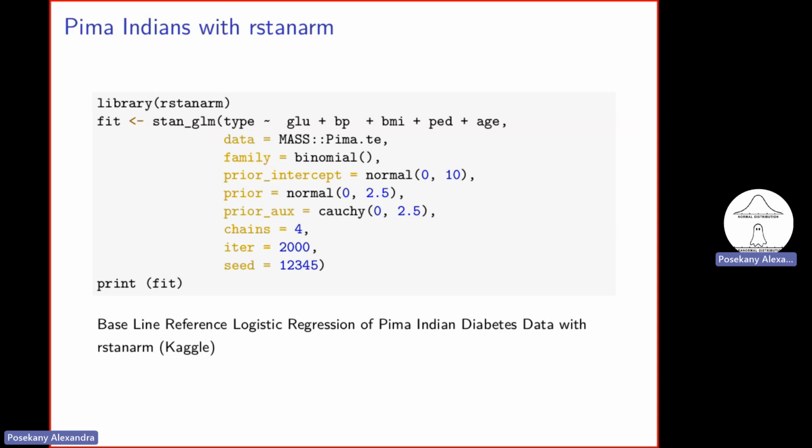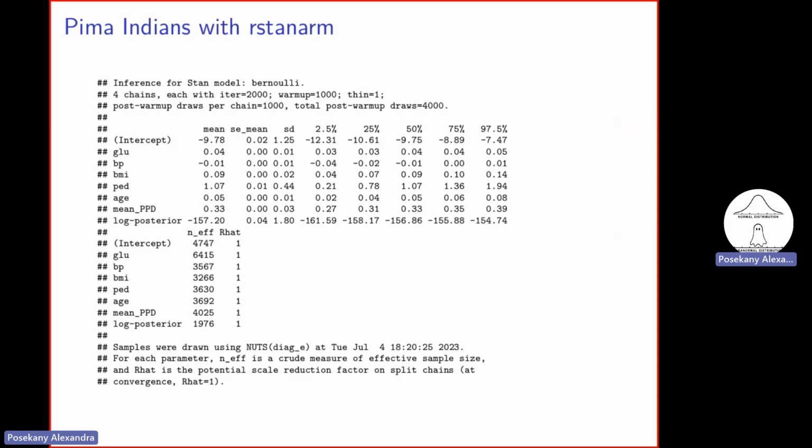And because it's a heavy tail distribution, you can keep it in the background as an auxiliary background variable to take care of any non-robust behavior. And the rest of the stuff is again number of chains, number of iterations per chain, and you can also provide here directly a seed if you want to set a seed and make your results comparable and repeatable.